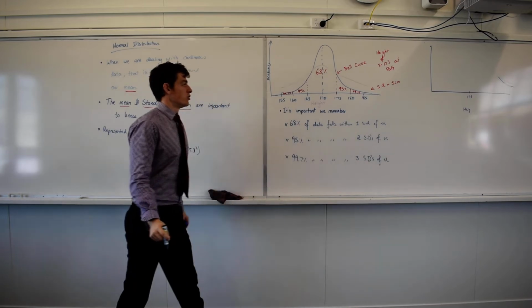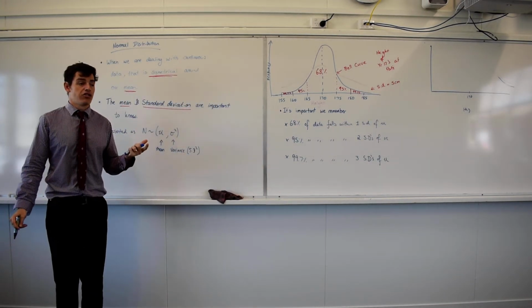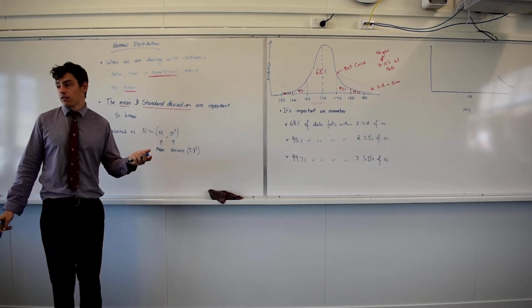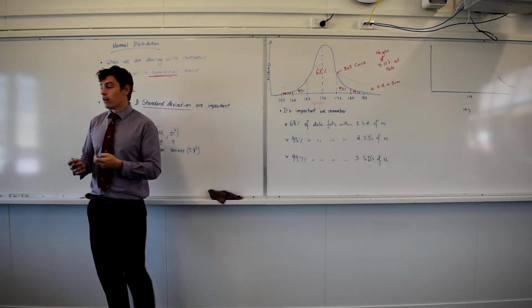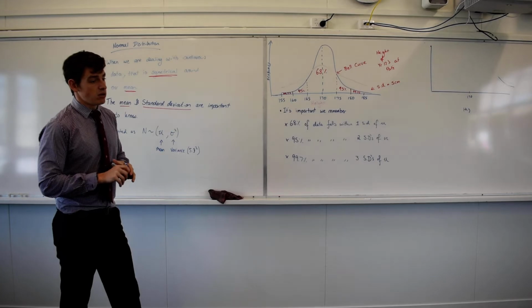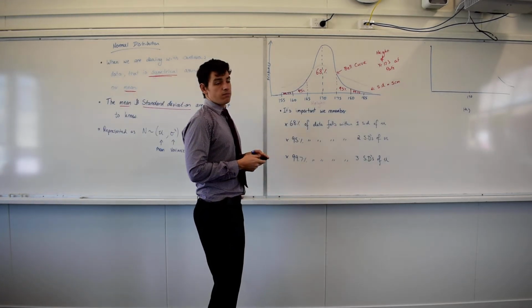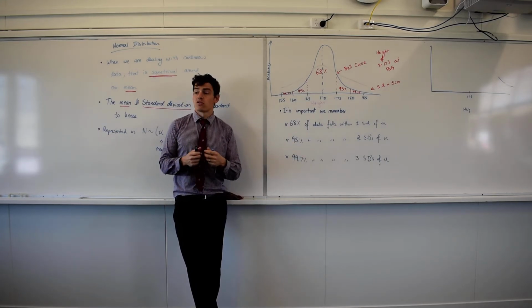Is that a normal distribution? Does it have a bell curve? Is it symmetrical around a mean? So it's still a bell curve. What's different about it? Lower and wider. So remember, what is standard deviation a measure of? Spread. It's a measure of spread.